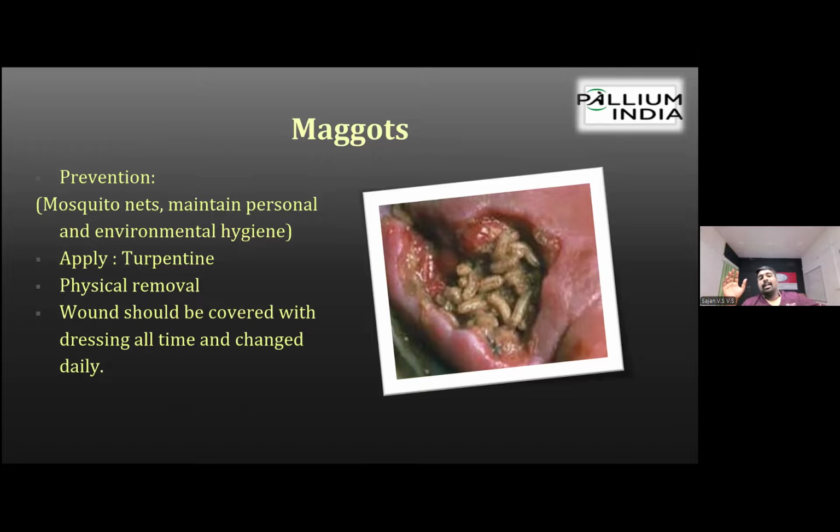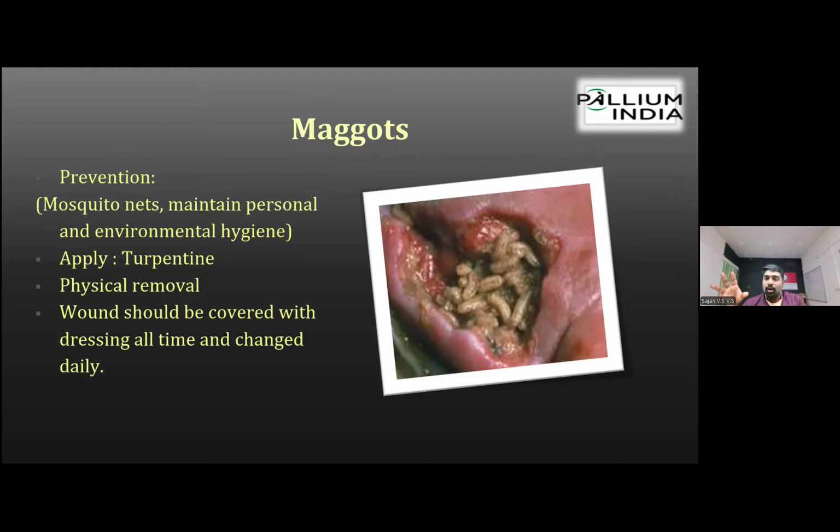That time, with only the turpentine we can't manage. In that situation we can apply vegetable oils, coconut oil, anything, on the opening of that area.